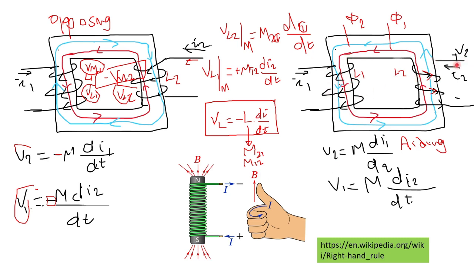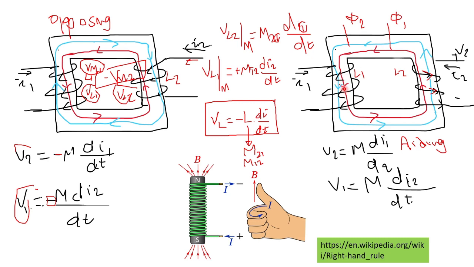The current I2 through L2 has this direction. Again, if we apply the right hand rule, we can see that the blue magnetic flux is directed upward on the right, meaning it has the same direction as the magnetic flux of L1.